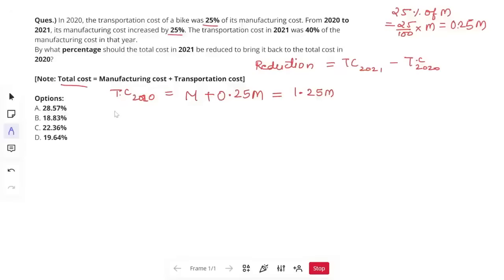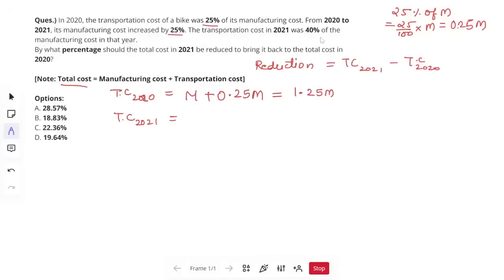Now let us calculate the total cost in 2021. In order to calculate the total cost, what do we know? We need to have manufacturing cost and transportation cost. Let's see. From 2020 to 2021, its manufacturing cost is increased by 25%. That is what is told to us, right? And then the transportation cost was 40% of the manufacturing cost in that year.